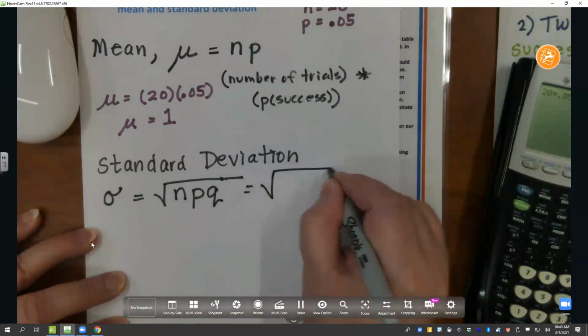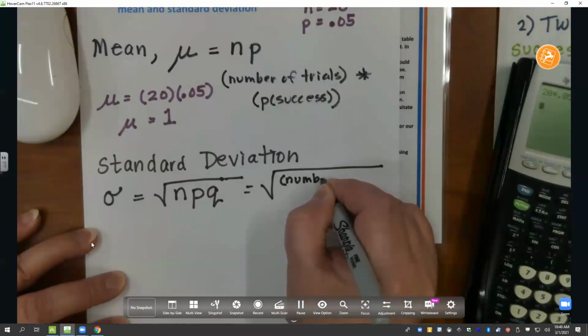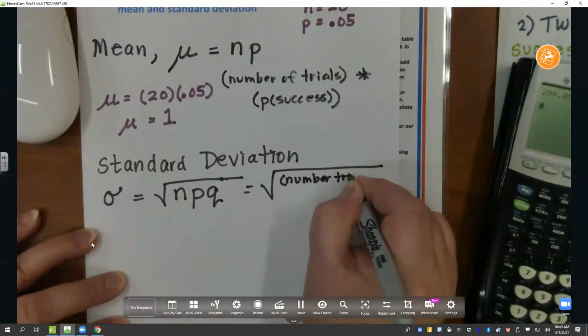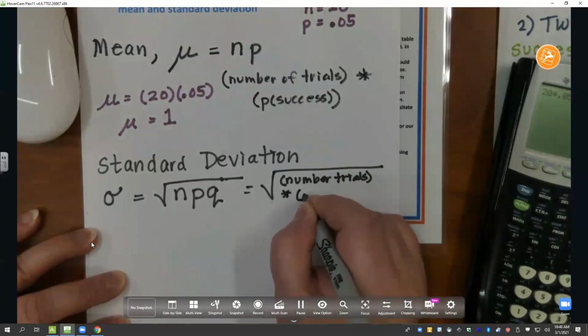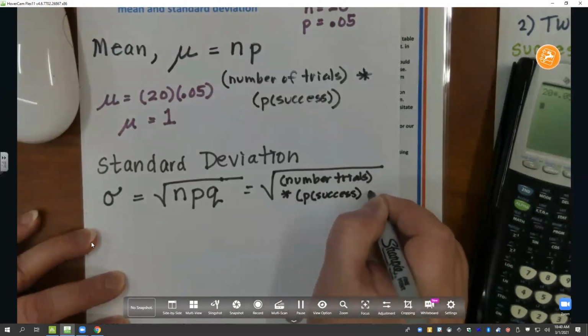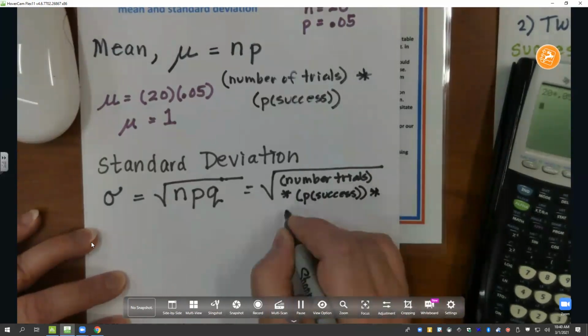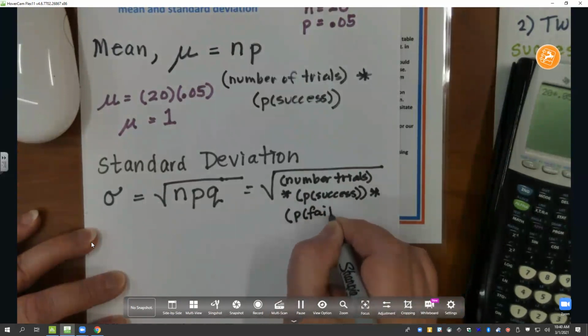So you have the square root of the number of trials times the probability of success times the probability of failure.